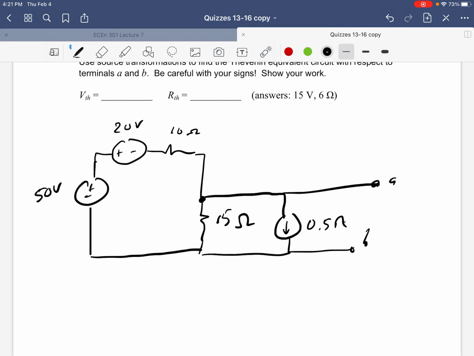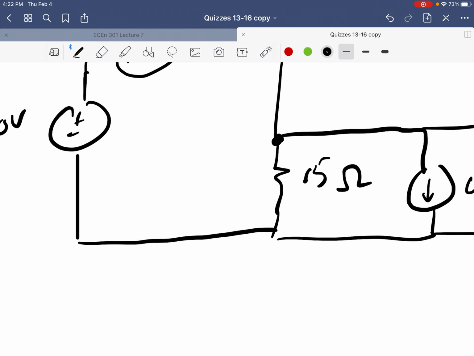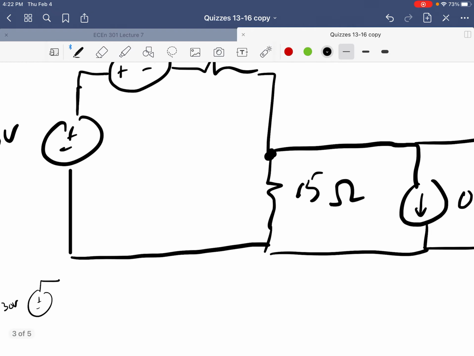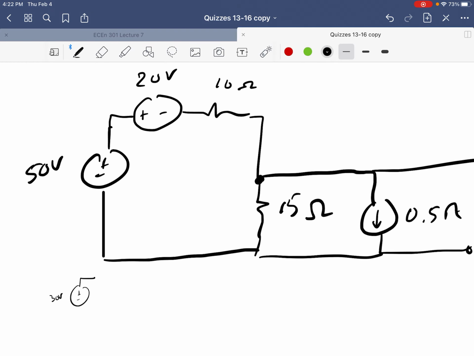Okay, so we can combine these two voltage sources into a 30 volt source and a 10 ohm resistor, and that's going to be connected to a 15 ohm resistor and a 0.5 amp current source.